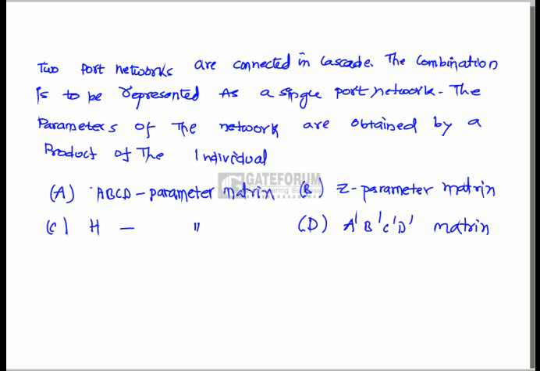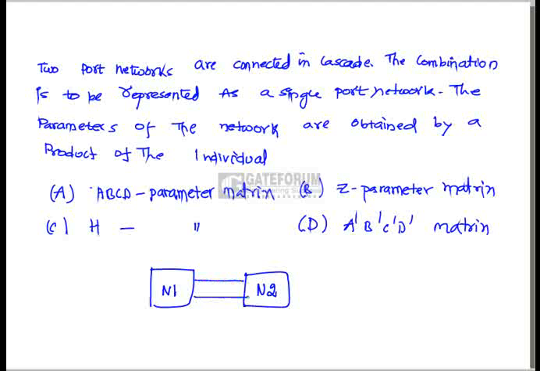Question is, two port networks are connected in cascade. The combination is to be represented as a single two-port network. The parameters of the network are obtained by the product of individual ones. Here, when two networks, network 1 and network 2, are connected in cascade, the output of network 1 is given as the input of network 2.